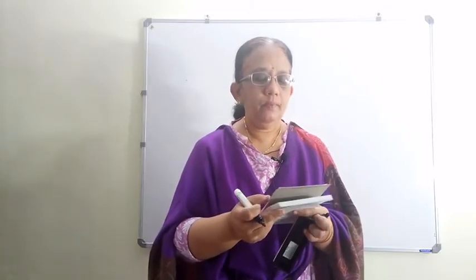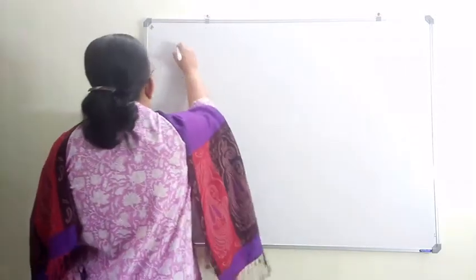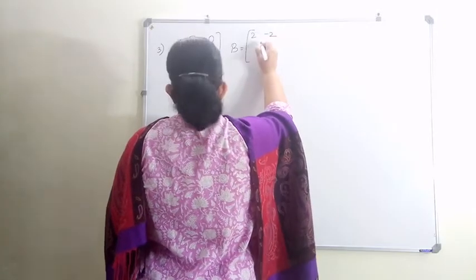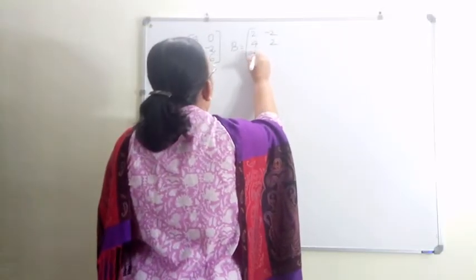Next one, take down A is equal to a matrix of, now someone has to tell me the order of this matrix. Question number 3, A is equal to 8, 0, 4, minus 2, 3, 6. B is equal to matrix 2, minus 2, 4, 2, minus 5, 1.